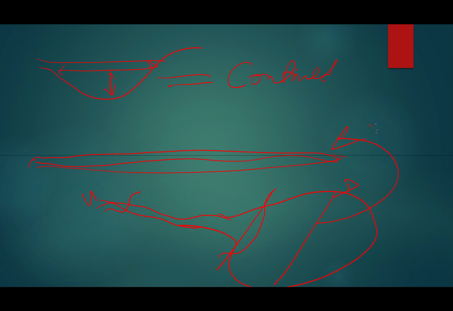In that case, the width to thickness ratio will be very much higher than what you had for the confined case. So this will be high, or whatever that number is, but this will be much higher at the scale of the channel field.